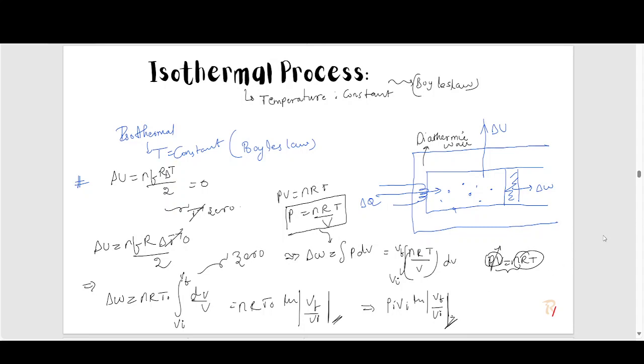Therefore, from the first law of thermodynamics, del U plus del W equals del Q, which equals nRT naught ln of Vf by Vi.